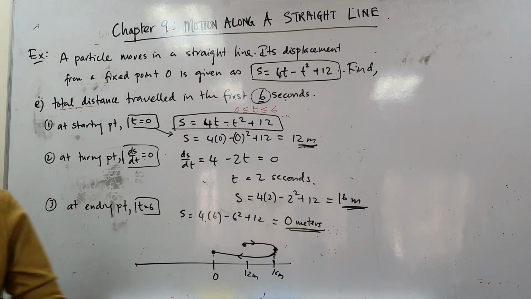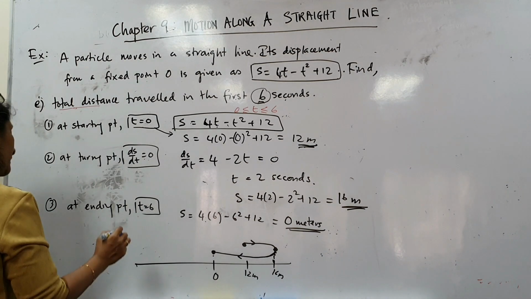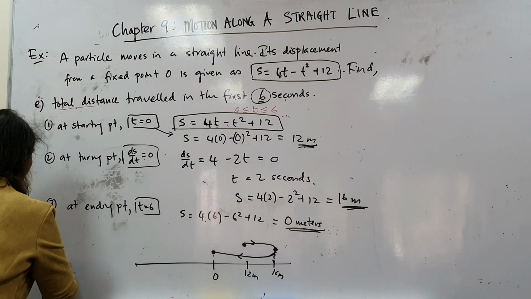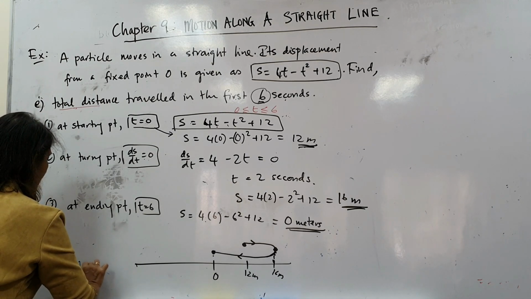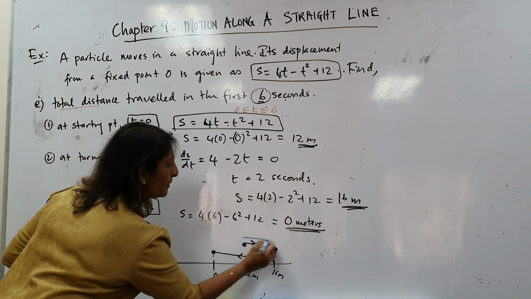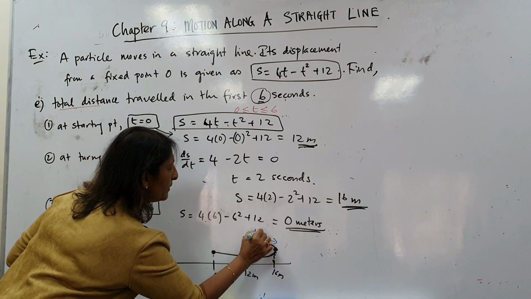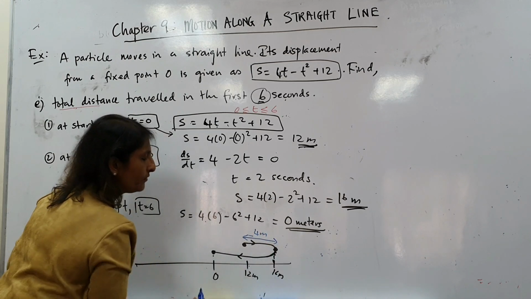Now total distance traveled. We will just calculate. Total distance traveled, step 4, will be here to here. From 12 to 16 is 4 meters, 16 minus 12.